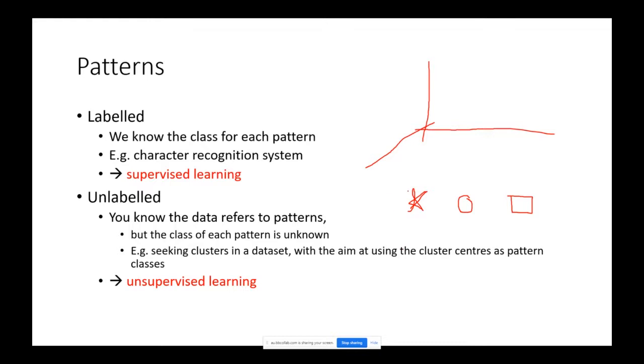So you show the system a number of figures, but you don't know the labels. You don't know that this is a star, a circle, or a square. You just give them pictures. But you know that the star has a particular set of features that are different from a circle, and different from a square.